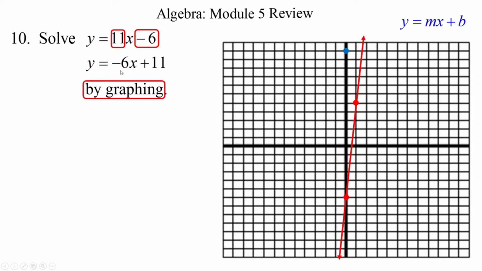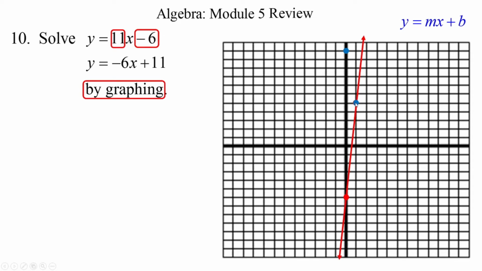Meaning we're going to rise -6 and then run 1. So rise -6, we're dropping 1, 2, 3, 4, 5, 6, and we're going to run 1, which puts us right on that point that we highlighted on the other line.